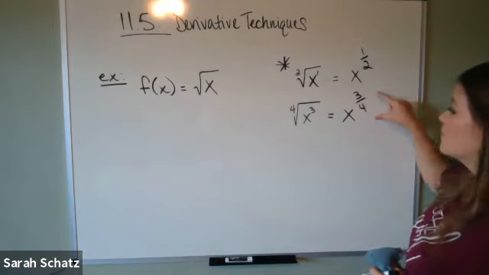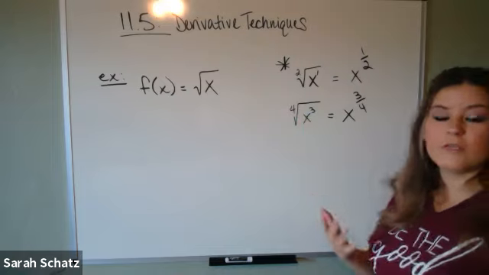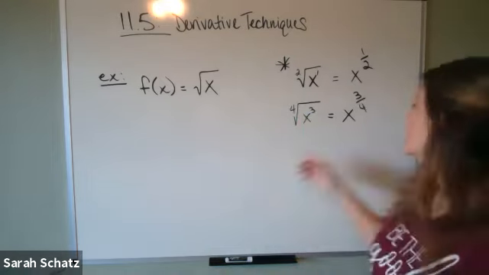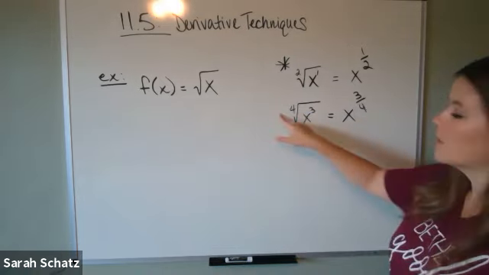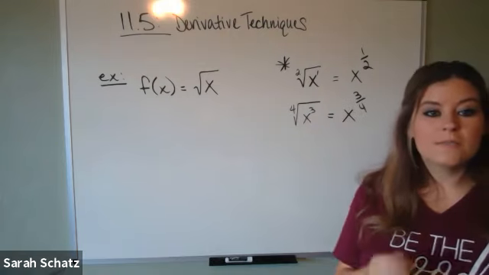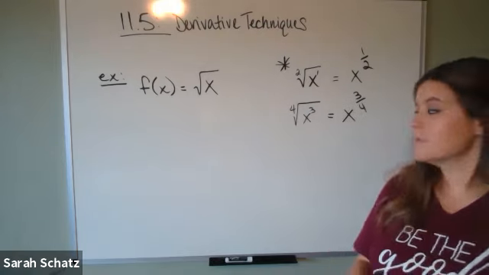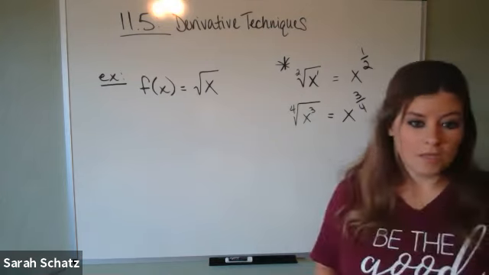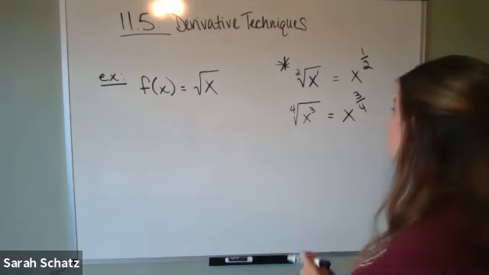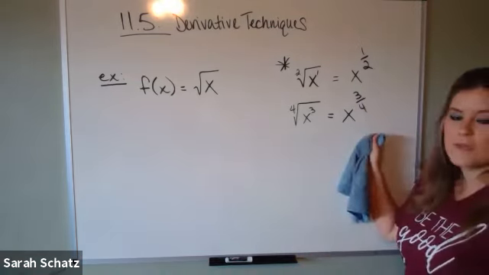You could also go the other direction too. If you ever wanted to turn the power into a root, you could always just go the other way. But this is something that you have to get used to if you're not. We use it a lot, like a lot. So know how to write your roots as powers.